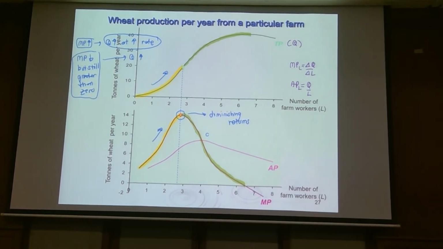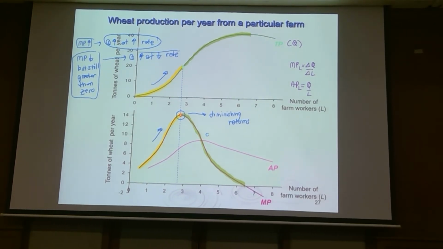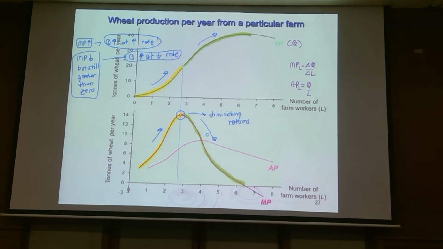Output increases at decreasing rate. It means output increases slowly. Once we have the problem of diminishing return, labor starts to be less productive. But labor is still able to produce more output, but the amount of output that labor produces is less than before. The additional output that labor produces is less and less, right? So output starts to increase slowly, or we say increases at decreasing rate, meaning increases slowly.